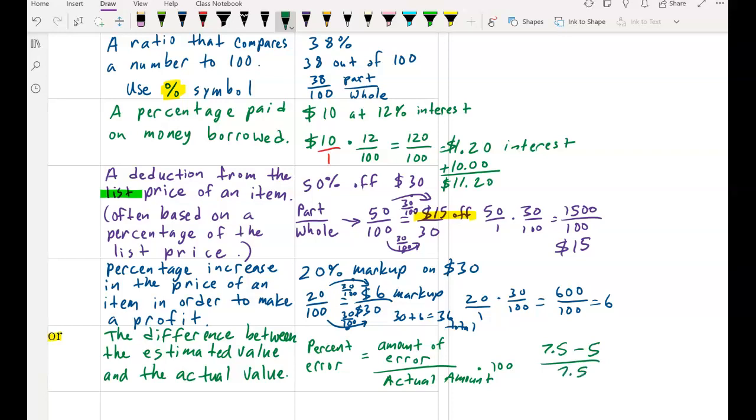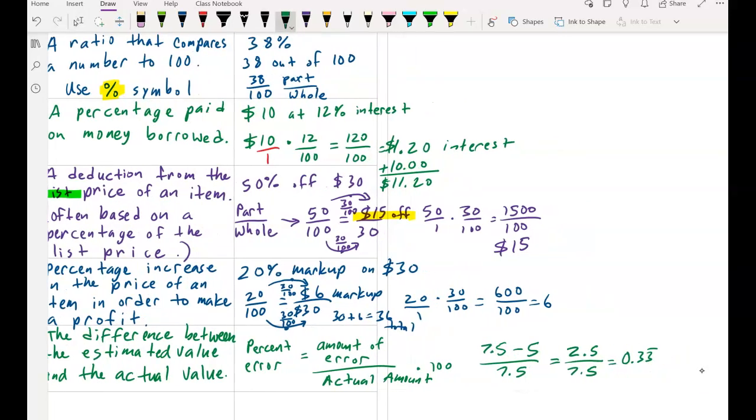So the percent error would be 7.5 minus 5 is 2.5 out of 7.5, and 2.5 divided by 7.5 is 0.33 repeating. Okay, and I multiply that times 100, and that would be about 33%. So I was about 33% off. That was the percent error.